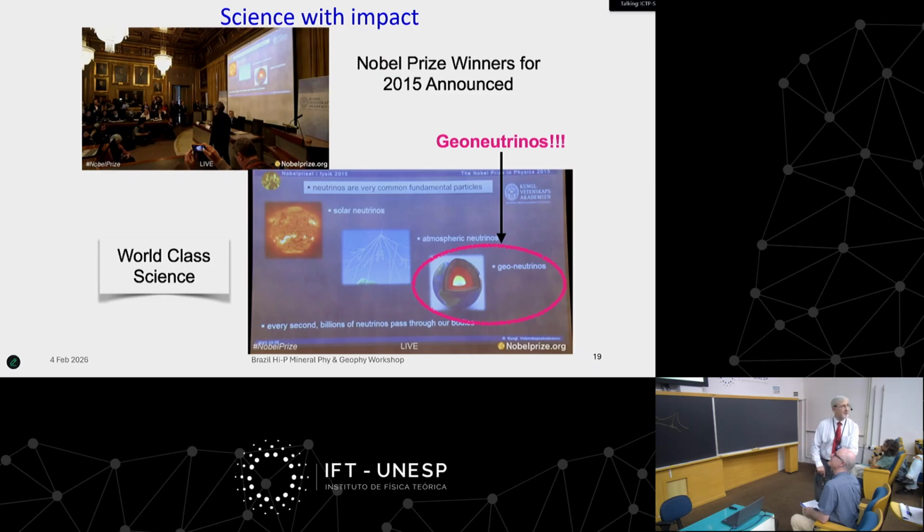This excited me. I've been in the business so long that actually Kajita Sensei and McDonald got the Nobel Prize in Physics in 2015. I was up watching the news because we kind of knew that Art was going to get the Nobel Prize. Art would go every winter to spend 3 months at the University of Hawaii.